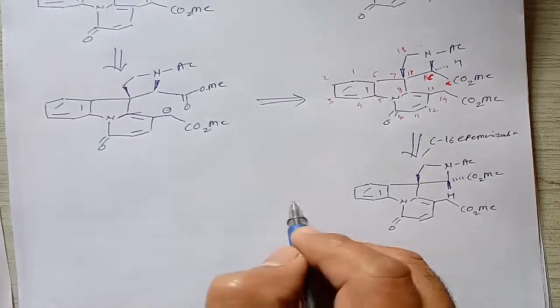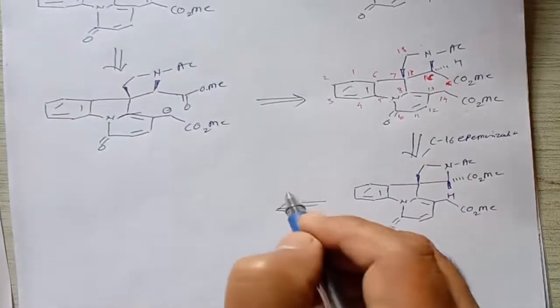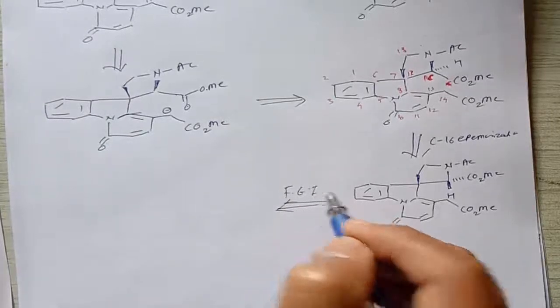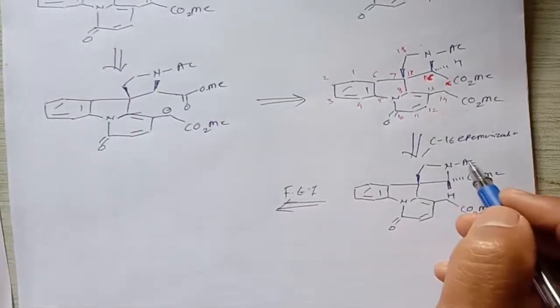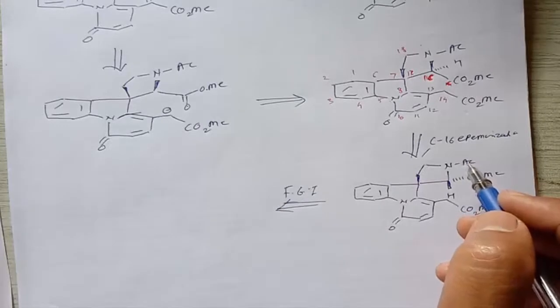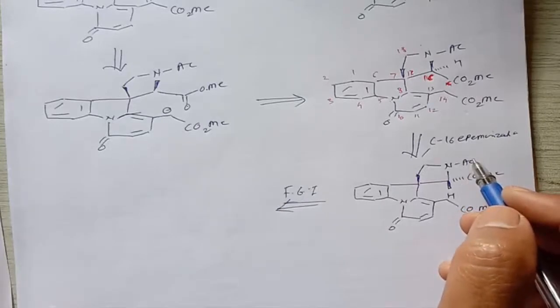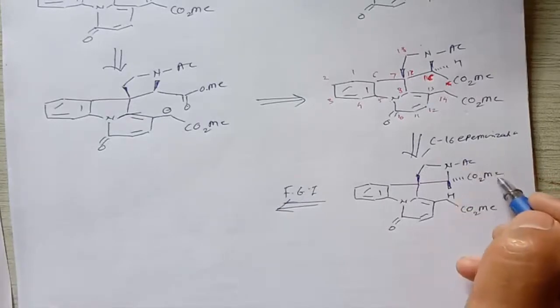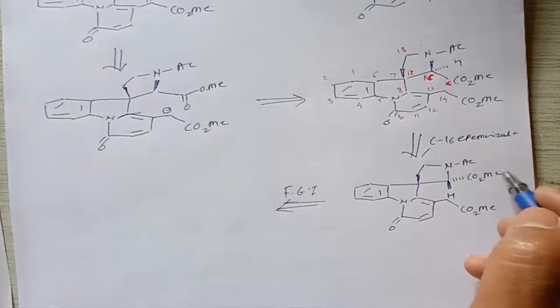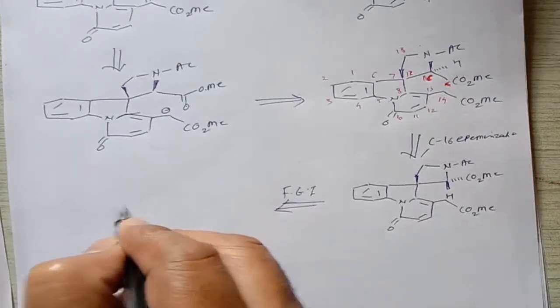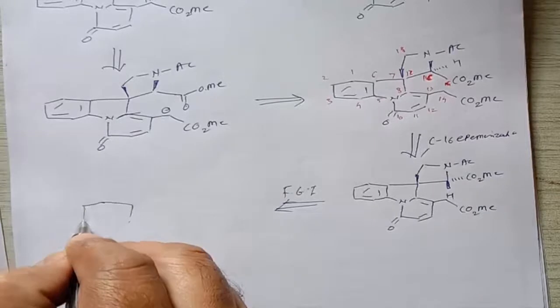Then after that we are again doing a functional group interconversion. We are introducing this Ac, that means this acetate group will be replaced by another functional group, and this CO2Me will be converted into another type of ester, and what we get here is a molecule like this.